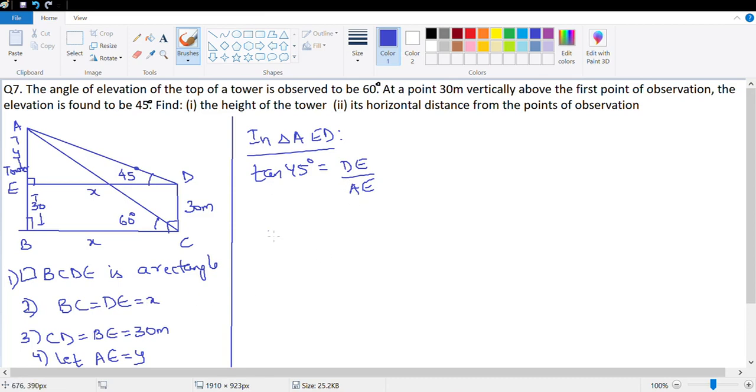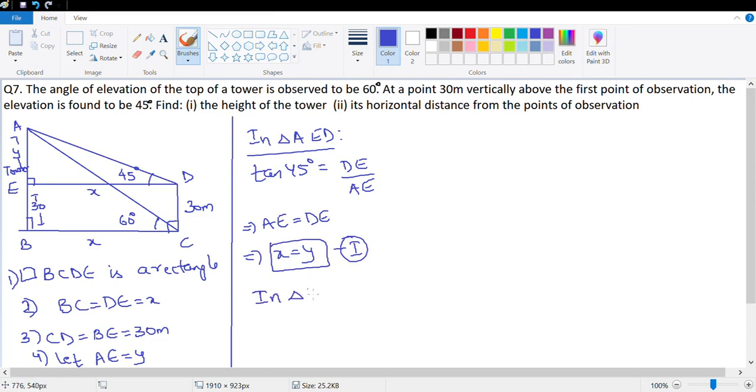So tan 45 is 1, which means AE is equal to DE, which means X is equal to Y, which means AE and DE are basically equal. I could have replaced this with X, doesn't matter. So that's our first thing that we've got. Let's see if we can get something from the second triangle.